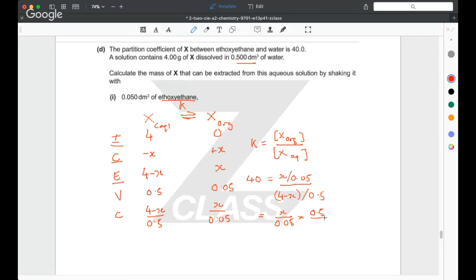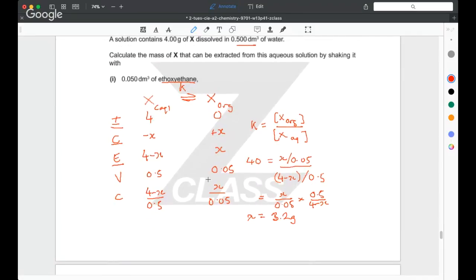I'm just rearranging it here. You can start to cancel some things here, and you end up with X is equal to 3.2 grams. So out of the 4 grams that was originally in the aqueous phase, most of it, 3.2 grams, has ended up in the organic phase. The position of equilibrium is to the right.